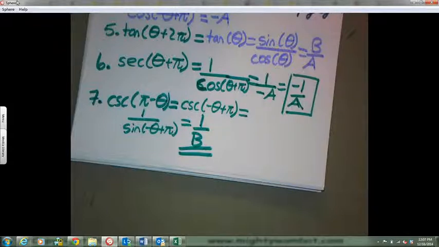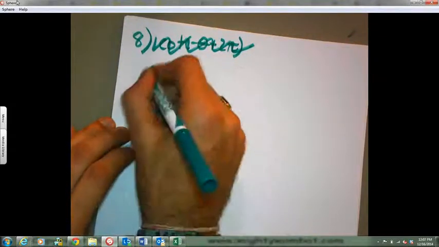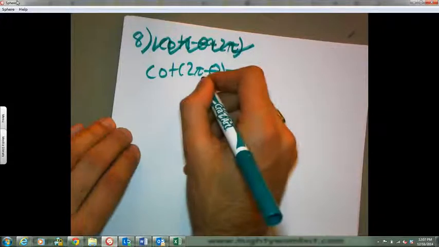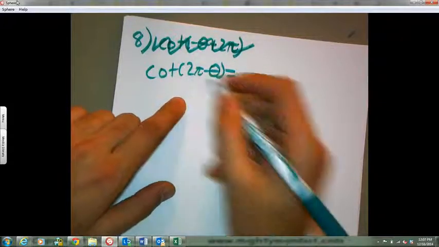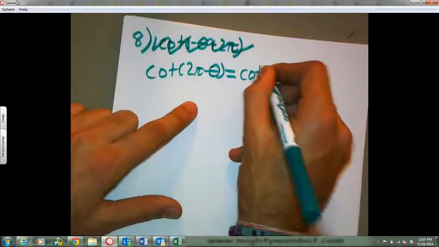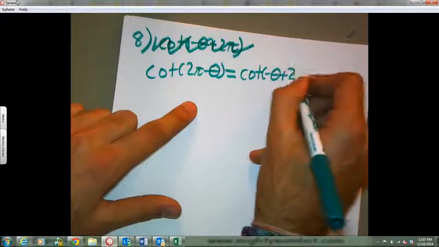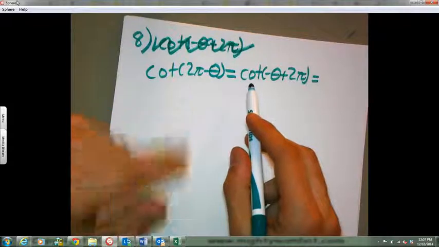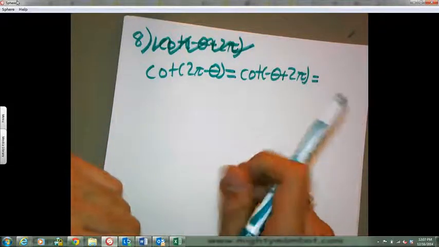Alright, let me jump in here to number 8. Remember, anytime we have a minus theta, we always rewrite. Remember how you can write cotangent using cosine and sine?